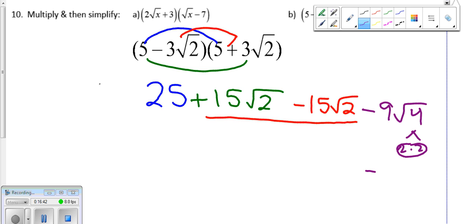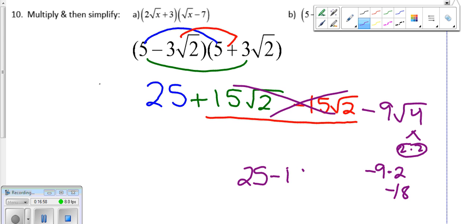And when we break out 2, only one makes it out. Negative 9 times 2 is negative 18. So these two terms cancel out. And here we have negative 18. So our answer is actually just going to be 25 minus 18, and that equals 7. So the answer to this super long problem is just 7.